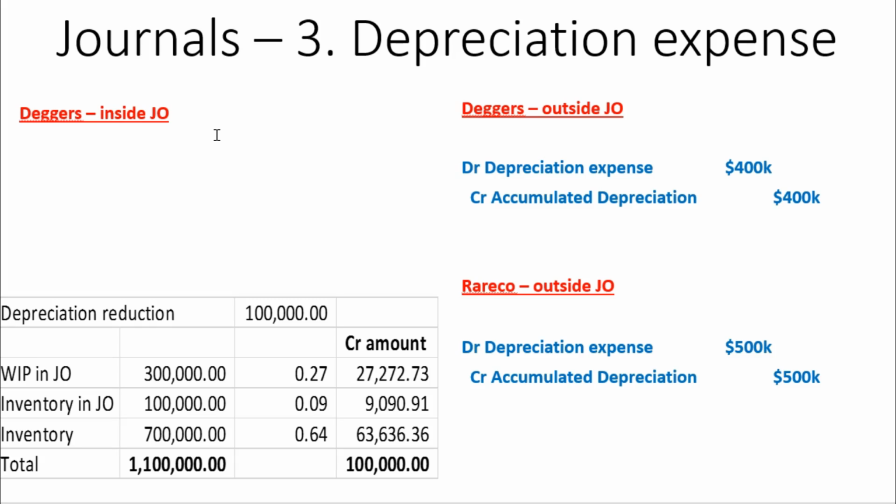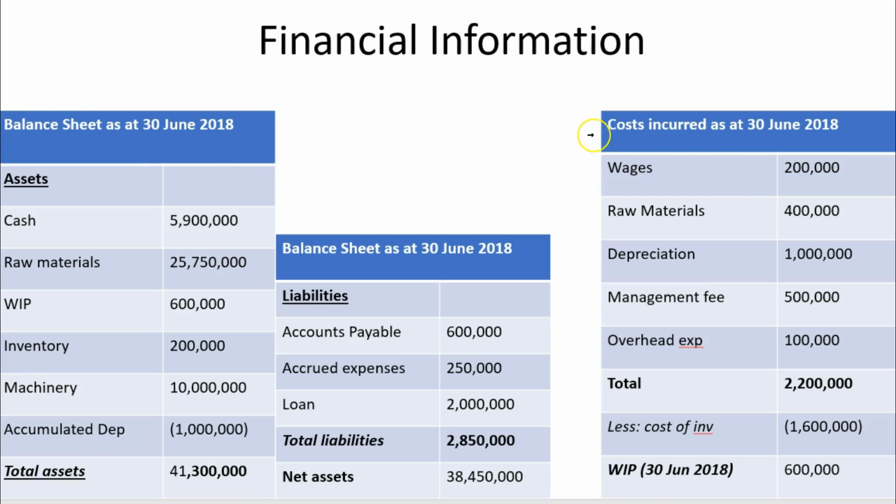But from Deggers Limited's perspective, they contributed the asset and they want to use the carrying amount for their depreciation expense. So we need to be making an adjustment. So if we look at our cost incurred statement, we can see that depreciation expense has actually been capitalized into the value of inventory.